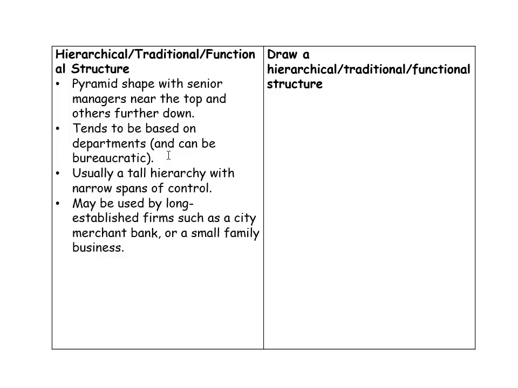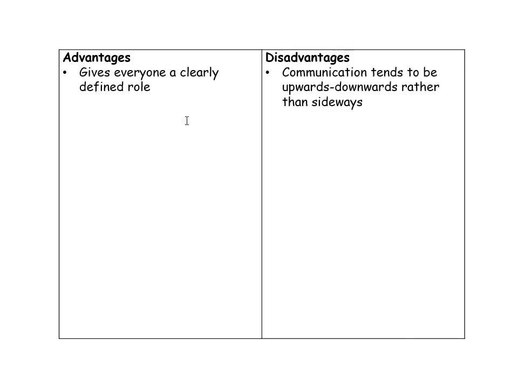So it's quite a bureaucratic leadership style. So you have the marketing department, finance department, HR, operations. It's usually quite tall with narrow spans of control, and it's usually for a business that's been around for quite a while, a long established business. These are just a few advantages and disadvantages. I'm not going to go into all the detail because it's already a long presentation.